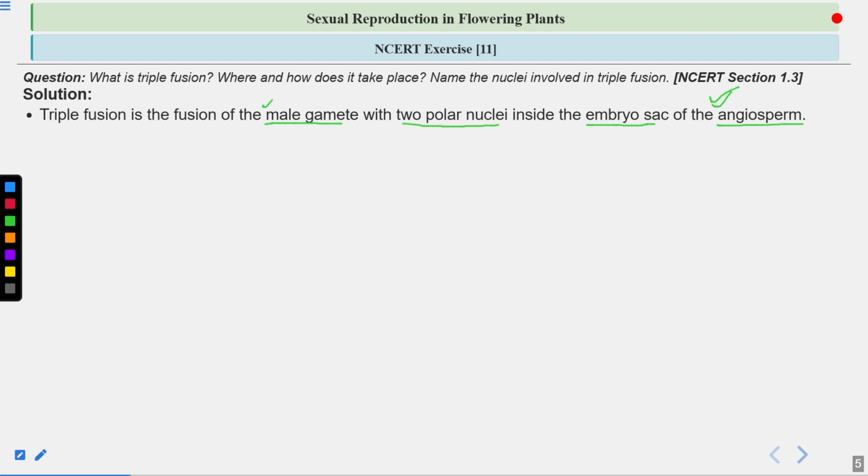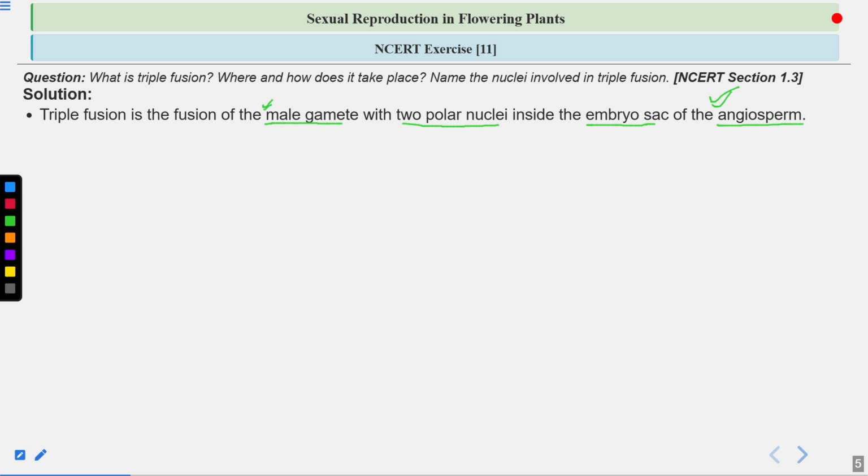As you all know, two male gametes are produced. And out of these two, one male gamete is involved in the process of syngamy, and the zygote is formed in that process.